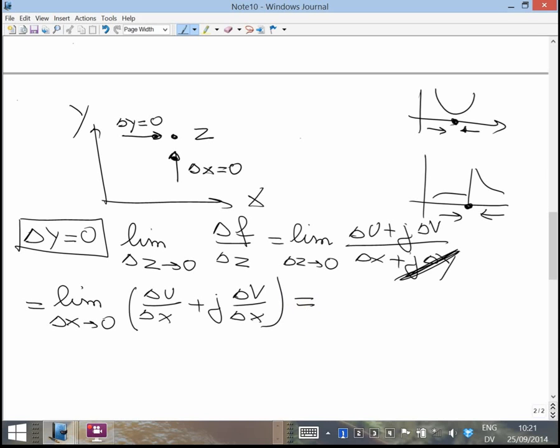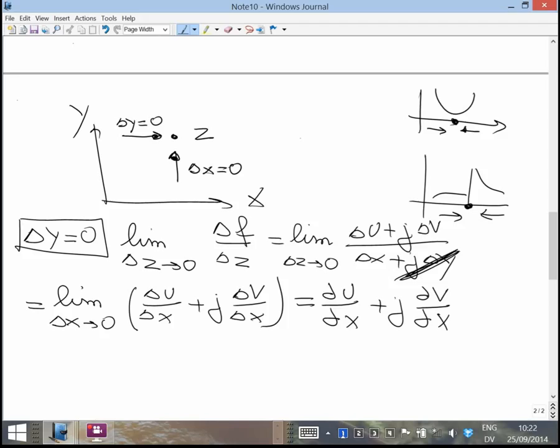And this you should immediately recognize, right? These are the partial derivatives of u with respect to x plus j times the partial derivative of v with respect to x. So this is the result in general that you would get from approaching this function horizontally with delta y equal to 0.